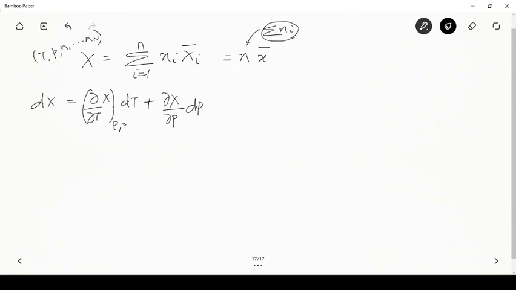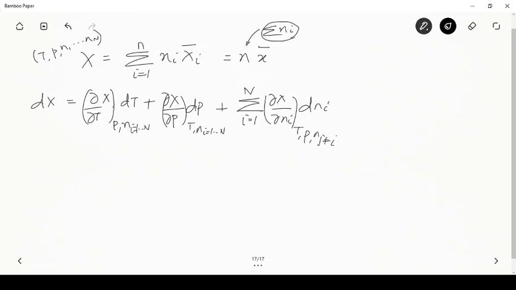P is kept constant and ni, I equal to 1 to n, is kept constant. Here T is kept constant and ni, I equal to 1 to n, is kept constant, plus I'll get a summation from I equal to 1 to n of del x by del ni into dni, when T, P and nj not equal to i are kept constant.